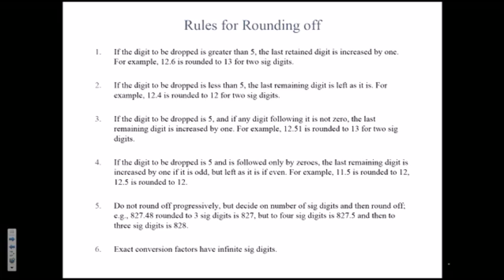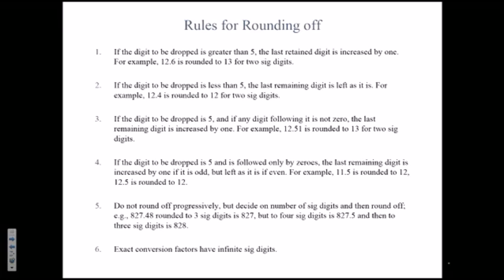so this becomes 13. 12.51 becomes 13. If the digit to be dropped is 5 and is followed only by zeros or nothing after that, the last remaining digit is increased by 1 if it is odd, but left as it is if it is even. And this rule is pretty arbitrary because you want to sort of even out the playing field, right? You don't want to bias the rounding for odd numbers versus even numbers.